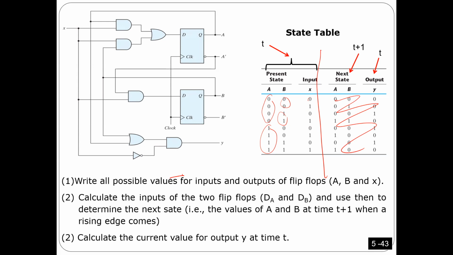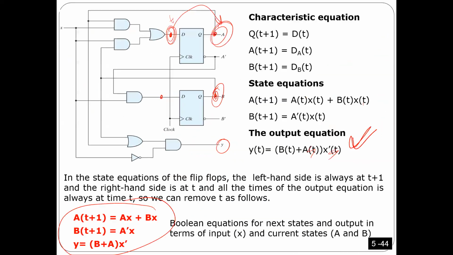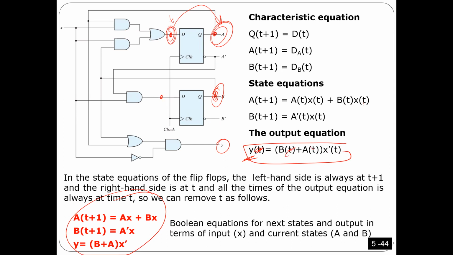So remember, all of these are at time t. So let's start with y. How can I calculate y? Very easy. I already found the relation for y. As you see in the table, I'm just going to point at this one because you may not see it. I told you we cancel time t because y is always at time t. So the output y at time t, not t plus 1. I need to calculate the current y before the clock comes, not the next y.